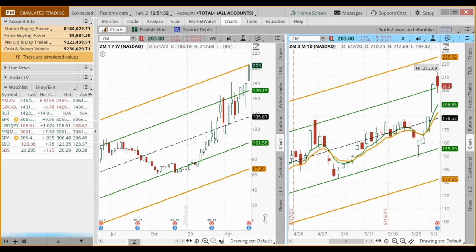Joseph says it might be a good short. Definitely want to see what goes on after the market closes and see what happens tomorrow. And just because it's up here does not make it a good short. We'd like to see it reverting back to the mean with either the 5 crossing below the 8 or a measured move.